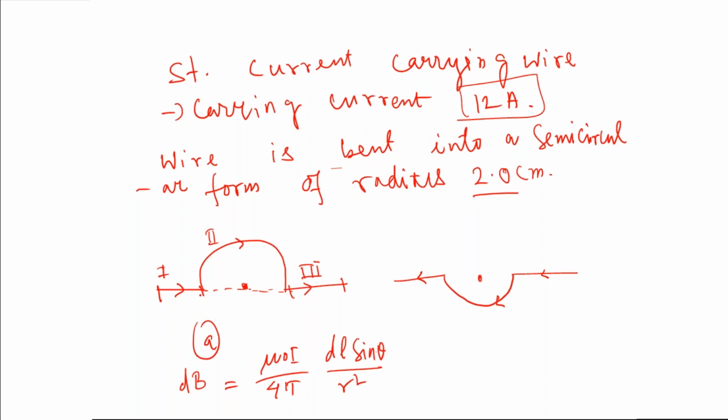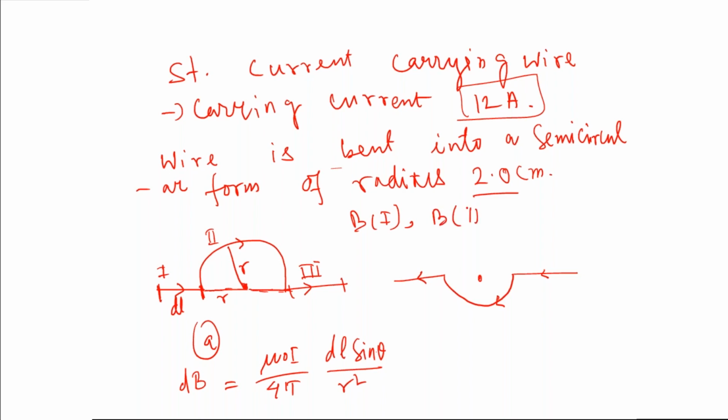If I take this as the radius vector r, for this straight wire, what is the angle between dl and r? If this is dl and this is r, the angle between them is 0 degree for both. So sine 0 is 0 for the straight part. So B for 1 and B for 2 will be 0.